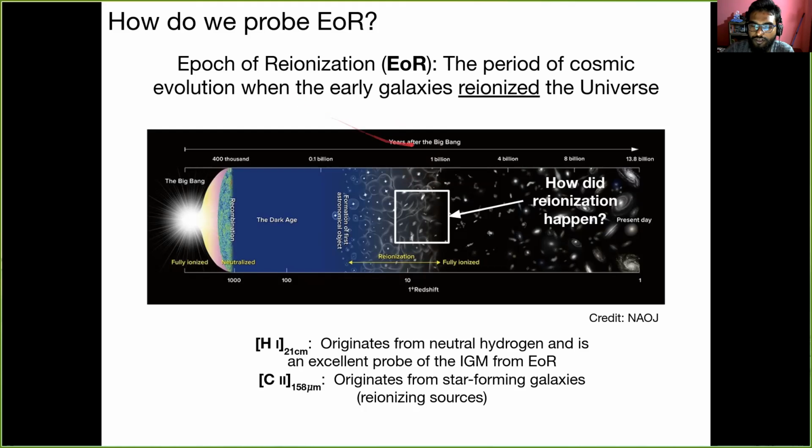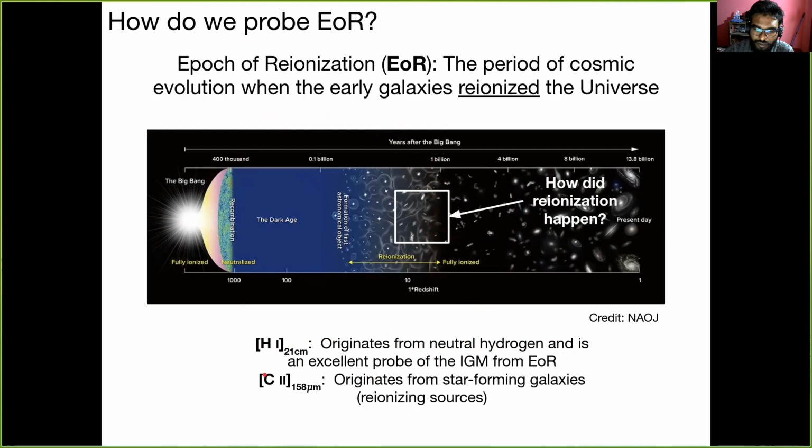So the question we'd like to ask is: how did this process of reionization happen? And therefore, how do we actually probe EoR? We can use intensity mapping techniques such as the 21 centimeter signal, which originates from neutral hydrogen, and is therefore an excellent probe of the evolving state of the IGM during EoR.